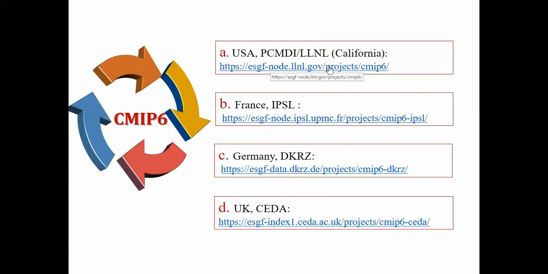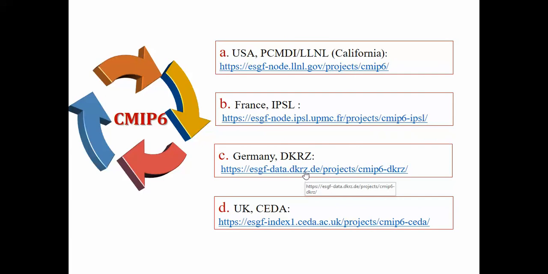This link can guide you to download CMIP6 models. The second main gate is for France, IPSL. With this link also, you can make a user account, go to your profile, and download different data of CMIP6. The third one is Germany, DKRZ.